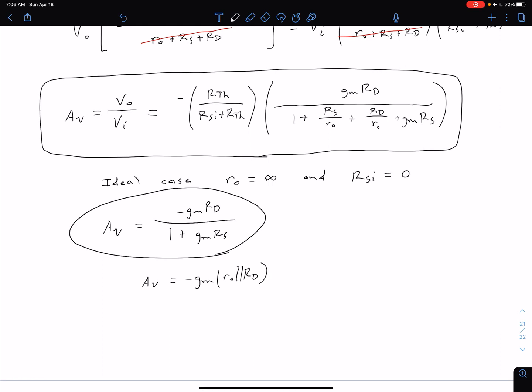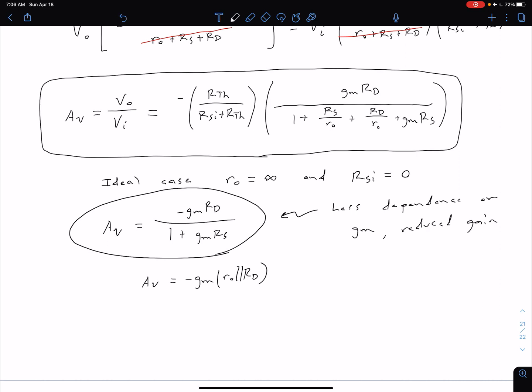And so what we can see is that in this equation we have a lot less dependence on that GM, so less dependence on our GM parameter, in other words, our transistor parameter. However, what we can also notice from that is because we have that GM RS term in the denominator, now we're going to be reducing the gain. So as we said, that's going to come at the cost of a reduced gain.